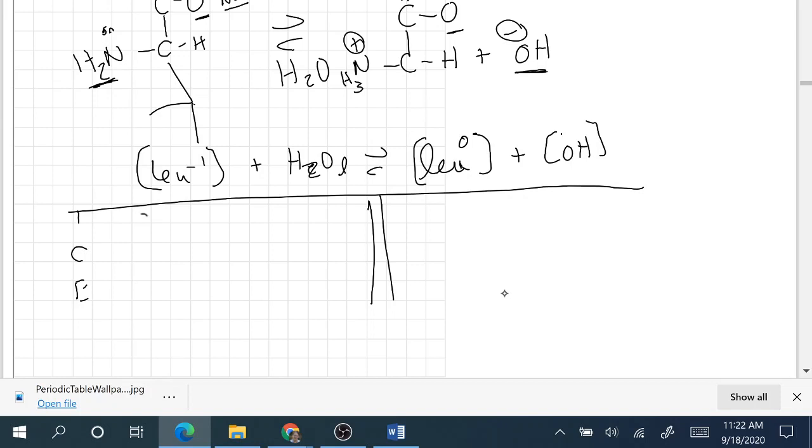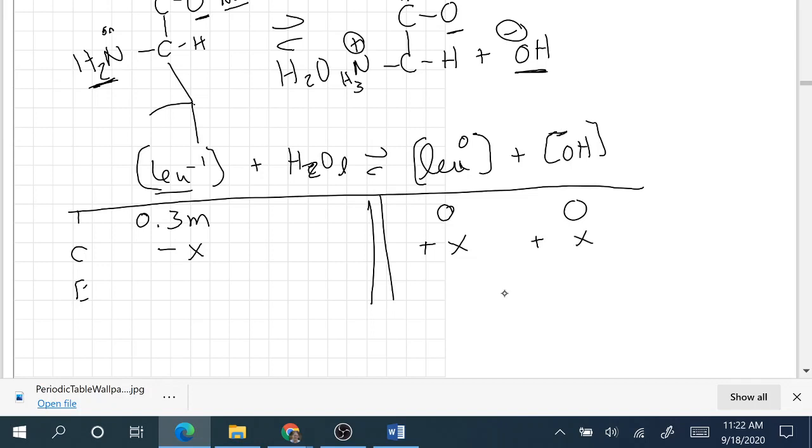Okay, so we've got 0.3 molar is what we put in, and we start with 0 of this, 0 of this. So when we put this LEU minus 1 in water, it's going to react with water to give us more hydroxide and LEU 0. So we're losing X and we're gaining X of the LEU 0 and of the OH minus.